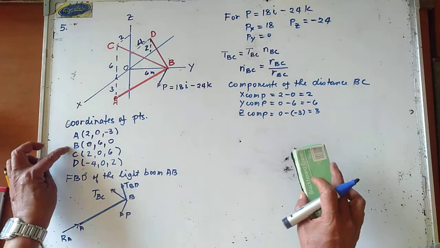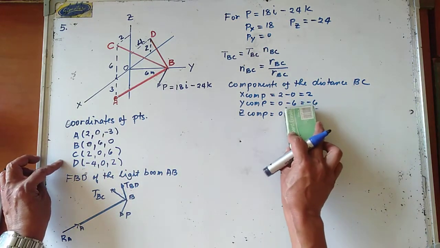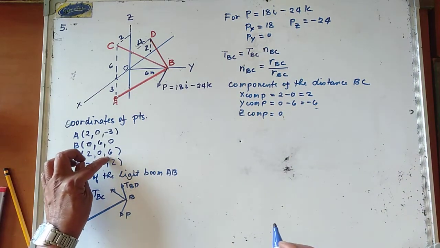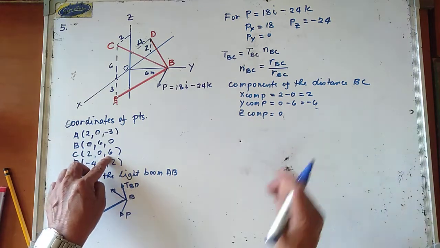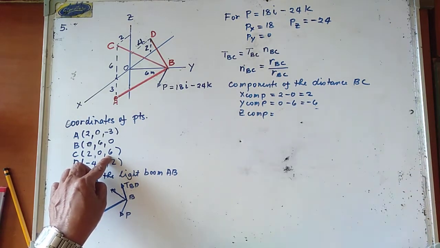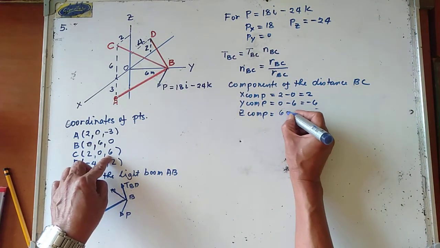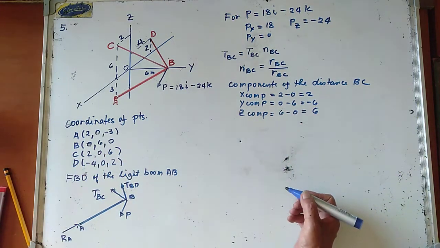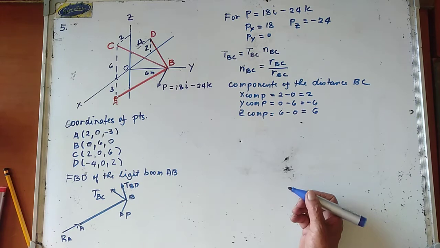This is from B to C, so we have C minus B, so that is 6 minus 0, which is equal to 6.